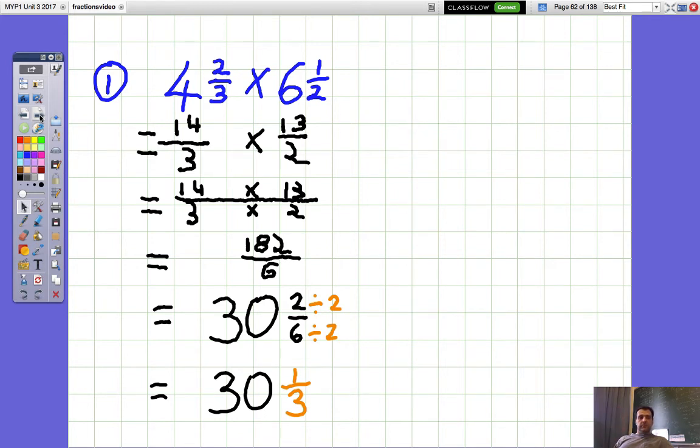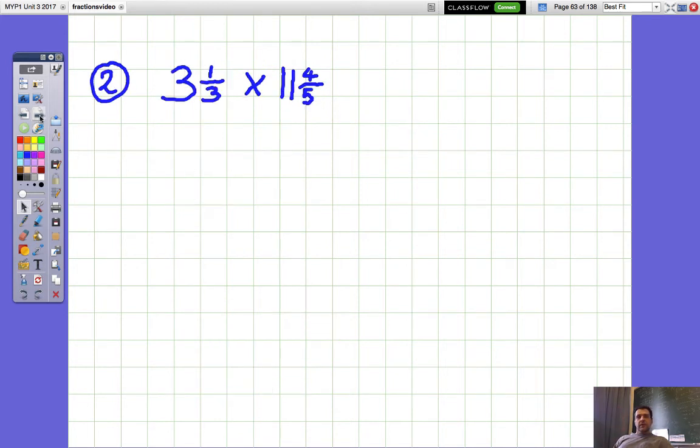Next one. 3 1/3 times 11 and 4/5. So I want to make that top heavy. Again, not done by me, but done in class by a student. So 3 times 3 is 9, plus the extra 1 makes 10, so that's 10 over 3. And then 5 times 11 is 55, plus the extra 4 makes 59.